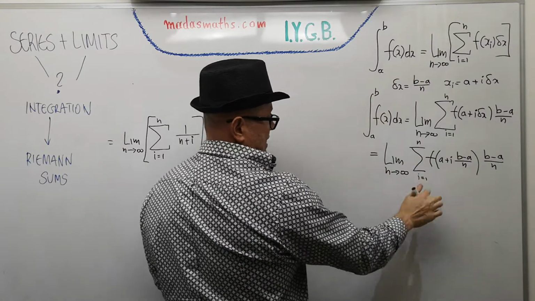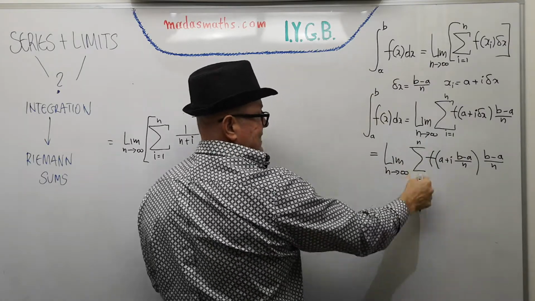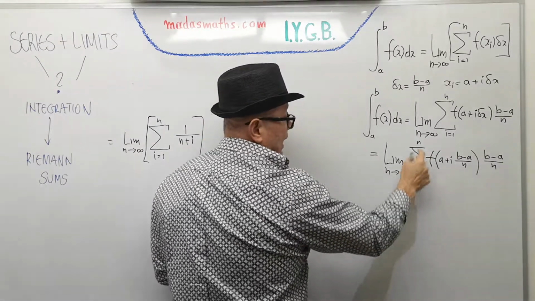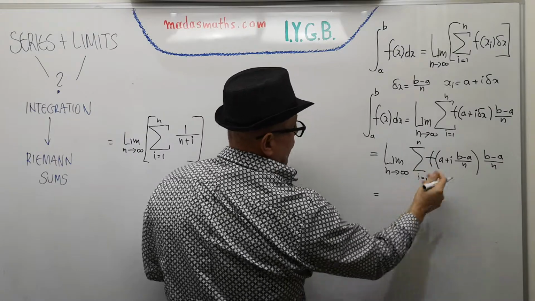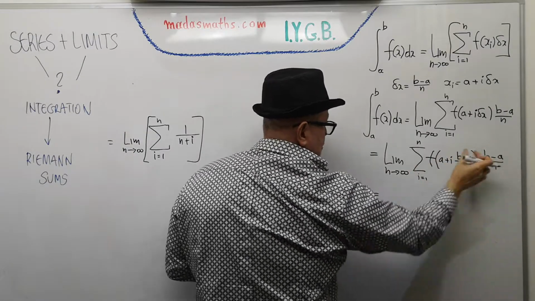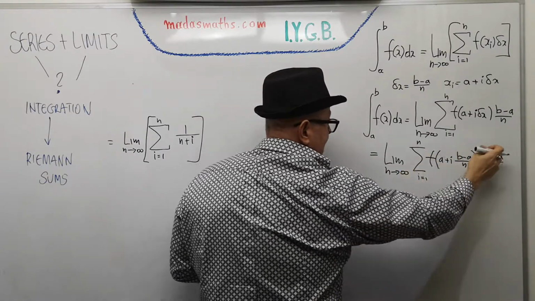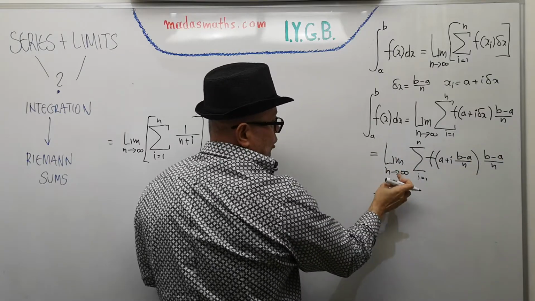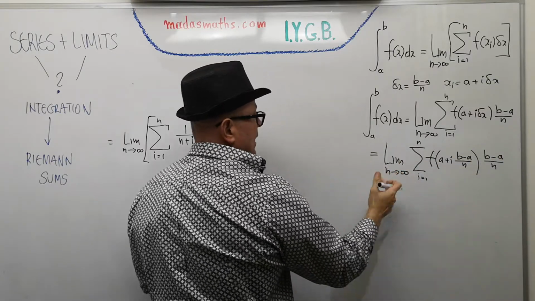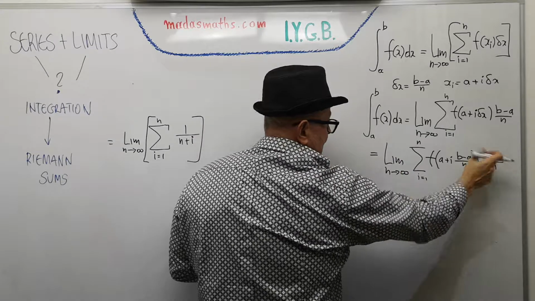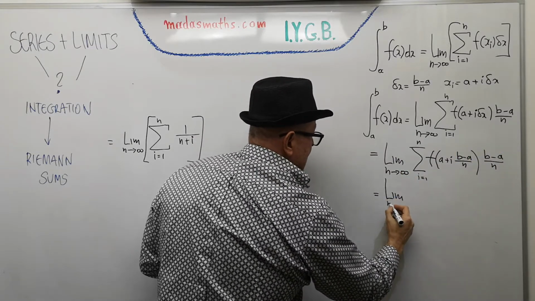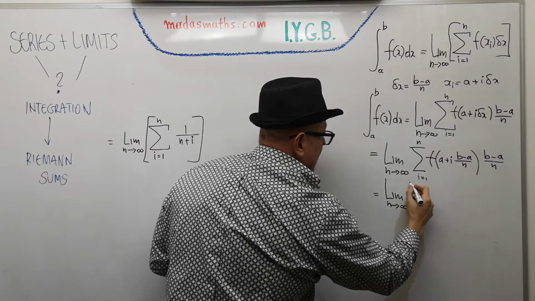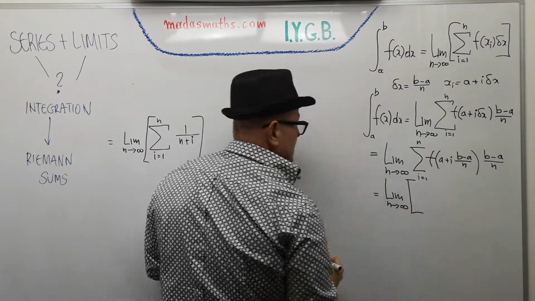If we look at the dummy variable, the sigma is running in i, n is a constant, and all of this is a constant, therefore we can move this quantity outside the sigma. There's no i in it at all, but of course we cannot move it outside the limit because the limit is in n, and this has an n in it. So I'm going to write the limit as n tends to infinity. Let's put all the arguments in.